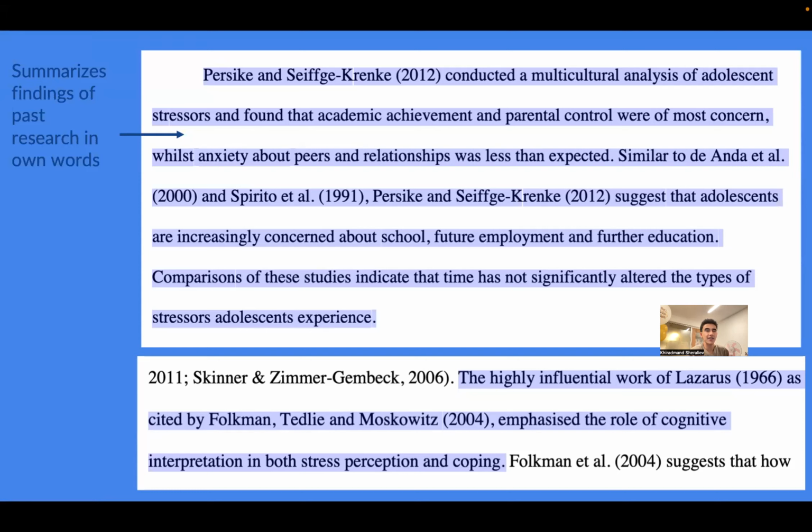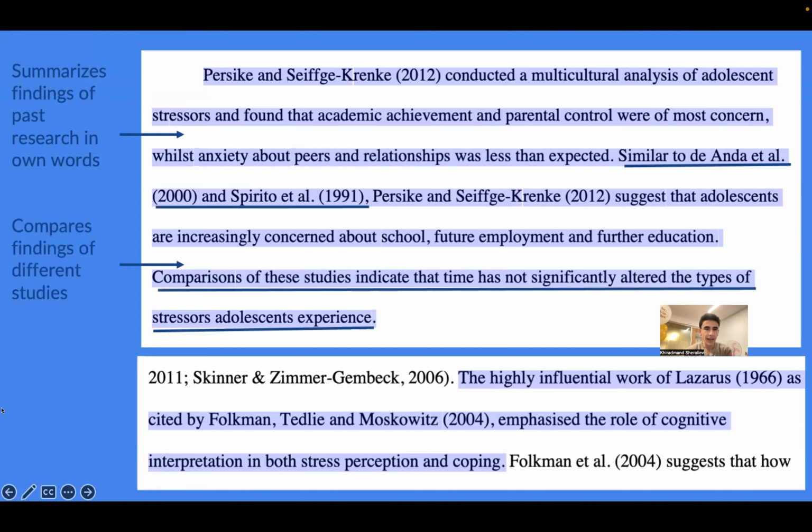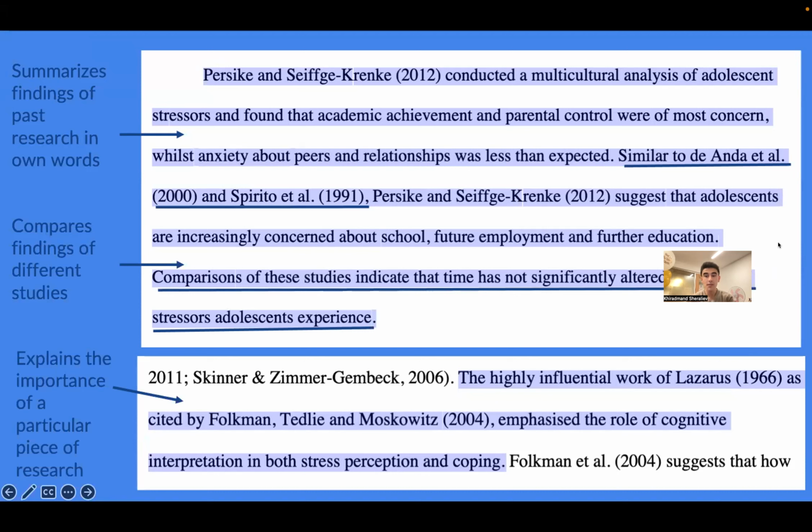So the author is summarizing findings of past research in his or her own words, right? So the summary of previous works on the topic. And yes, we also have here that the author compares findings of different studies and then explains the importance of a particular piece of research, saying that, well, this particular work is highly influential in this area of study or research.